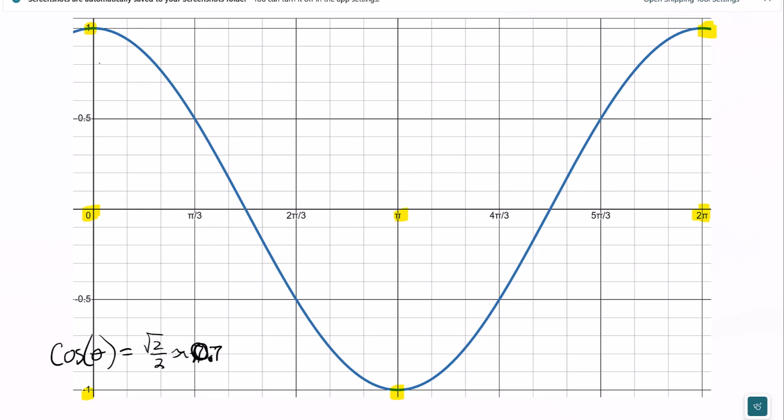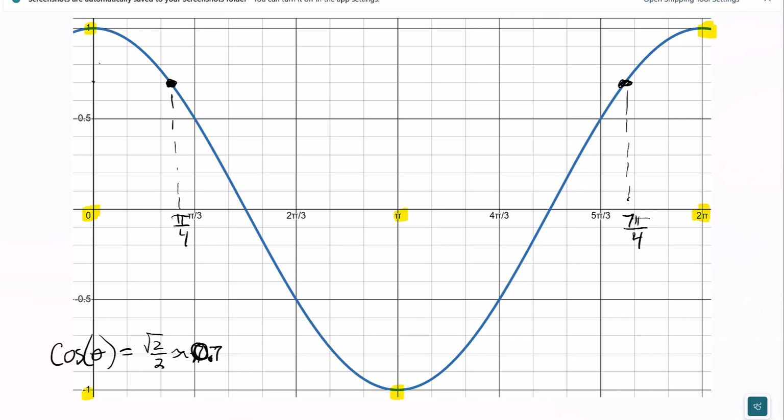So maybe right about there, right here, and right here. If we zoomed out with Desmos, we would say that's pi fourths, and that's 7 pi fourths. That's what this is asking about.